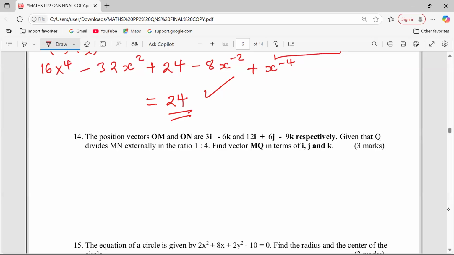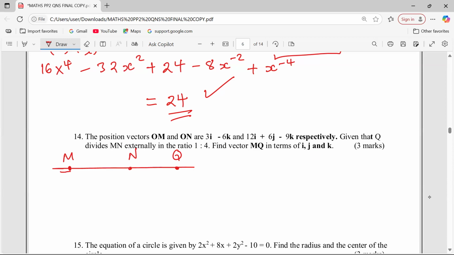Let's first find the position vector Q using the ratio theorem. So we are having the position of M, position of N, and position of Q. Now, because Q is an external divider, it cannot be between M and N. It is just an external point.